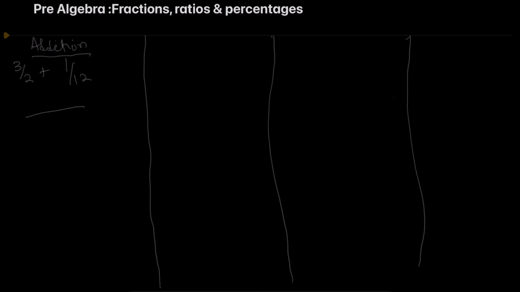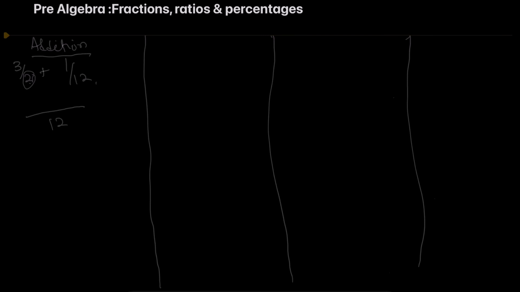In this case, it's quite easy because we can see that 12 will work for both. Why can 12 work for both? Because 2 is a prime number and it's a factor of 12. So it's very easy to see that right off the bat.